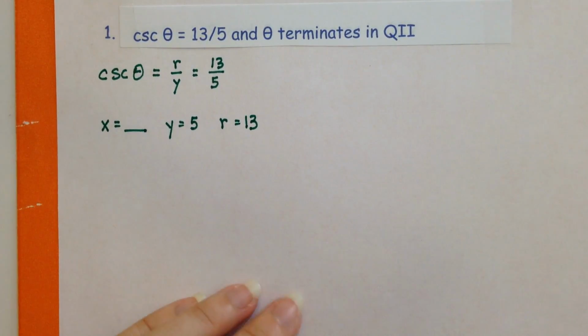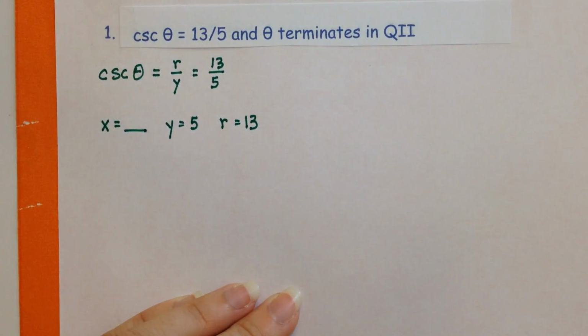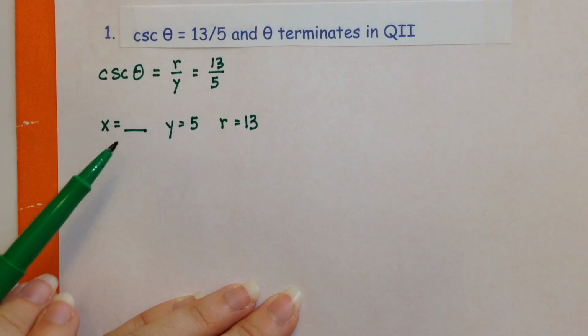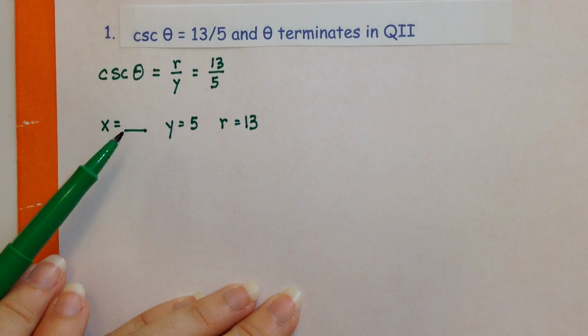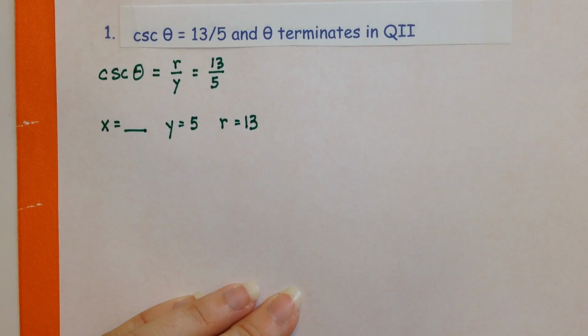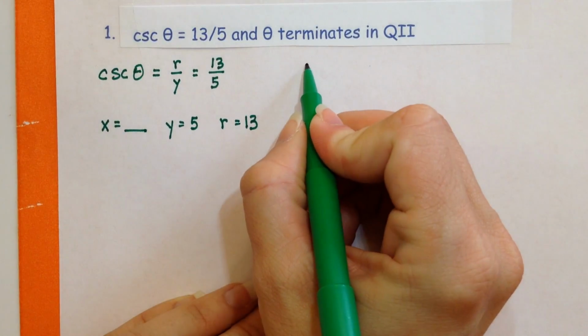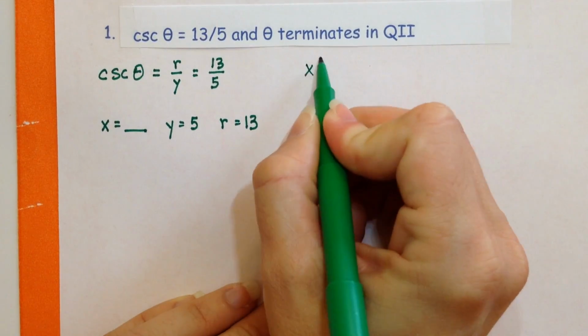Okay? Now, quadrant 2, the reason why we're going to need to know that in just a minute is we're going to have to decide whether our x value needs to be positive or negative, and knowing that we're in the second quadrant will tell us that. Okay, so if you're needing to find x, just go back to your Pythagorean theorem.